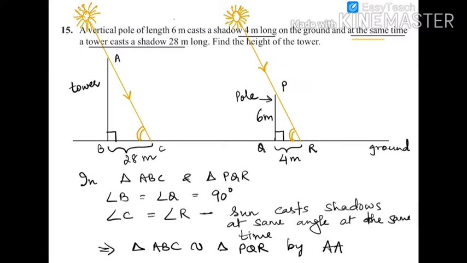And if the triangles are similar, then their sides are proportional. So we can say that AB upon PQ will be equal to BC upon QR. Reason, they are corresponding sides of similar triangles.